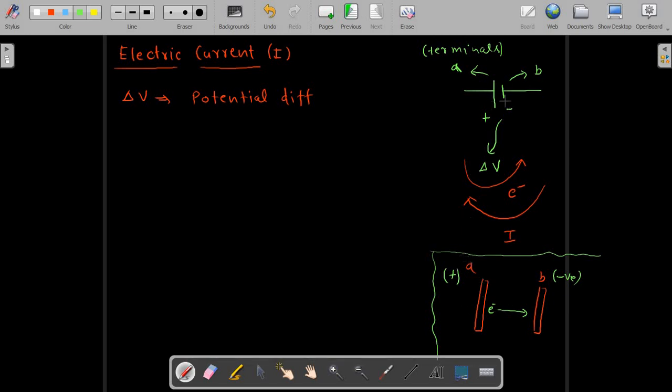So the other way around flow is not possible. If the electron is coming to that terminal, it will be negative, not positive.